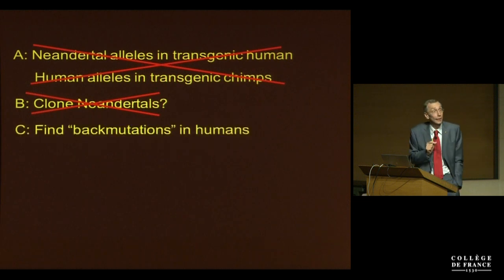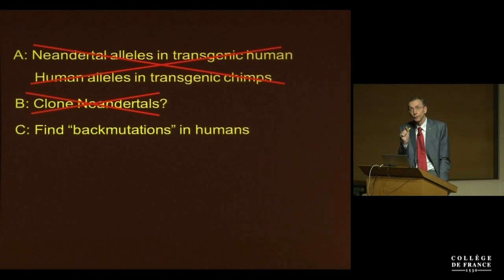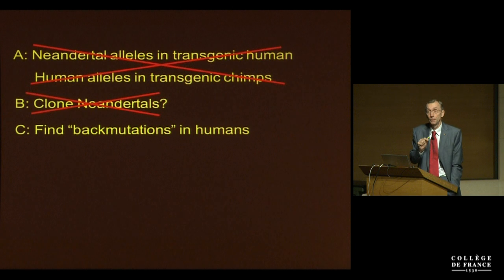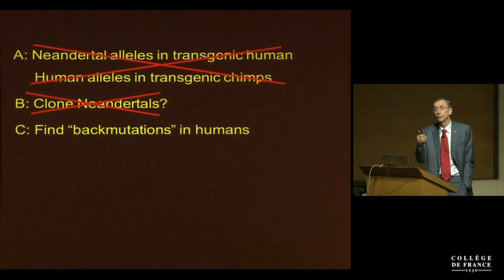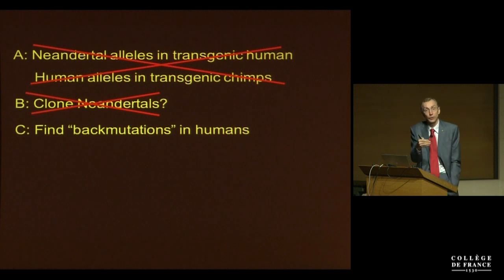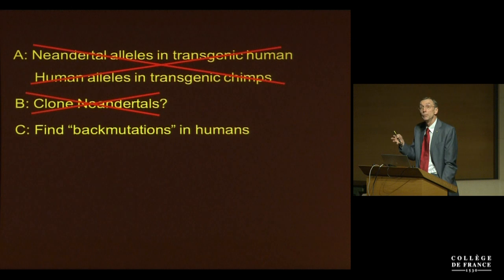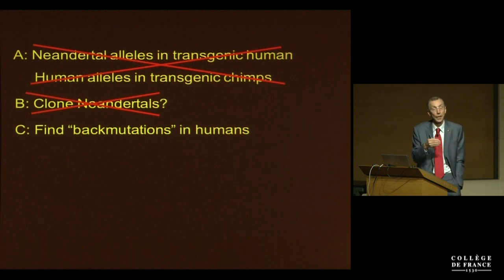I think one thing that will be possible in the future is to actually look for back mutations in present-day people. Because in a future that's perhaps 5 or 10 years away, where everyone will have their whole genome sequenced as soon as they go to the doctor, we will have millions and millions of genome sequences and medical records.